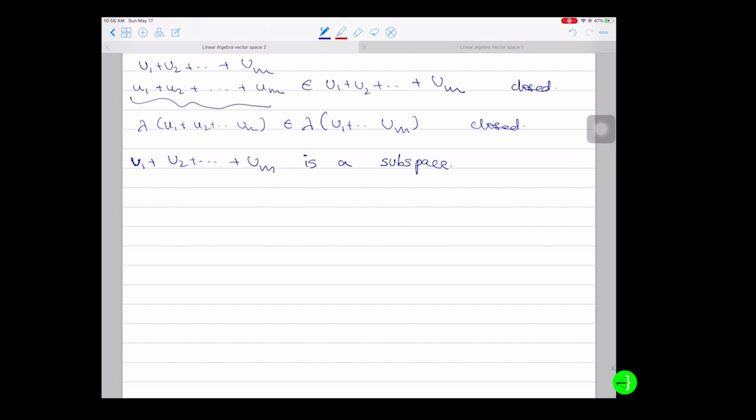It means that if we talk about the sum of such elements, where we have one element not equal to 0 and all other elements be 0, then we know that the whole sum, u1 plus u2 till um, is again a part of the subspace, which is the set of the sum of all the subsets.